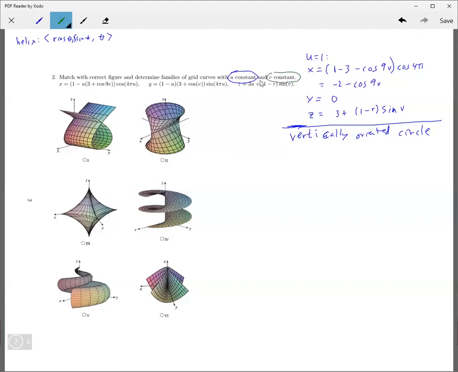the v constant. If we set v constant, what do we get? Let's choose some values for v. What if we set v equal to 0? Okay, so that would give us x would be 1 minus u times 3 plus 1, okay, times cosine of 4 pi u.